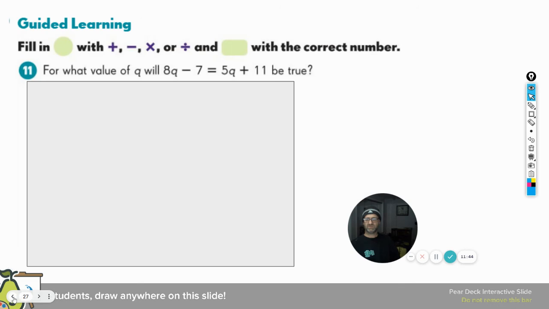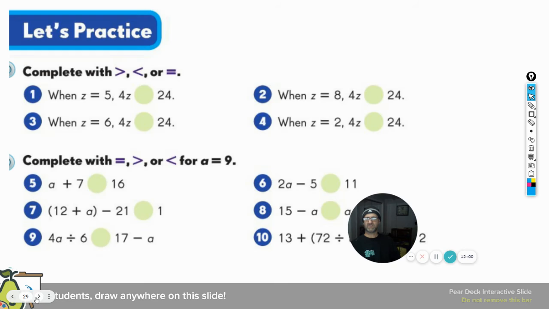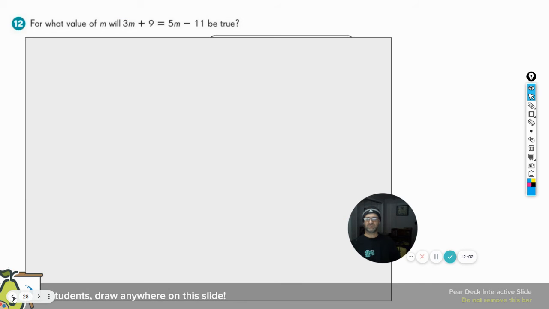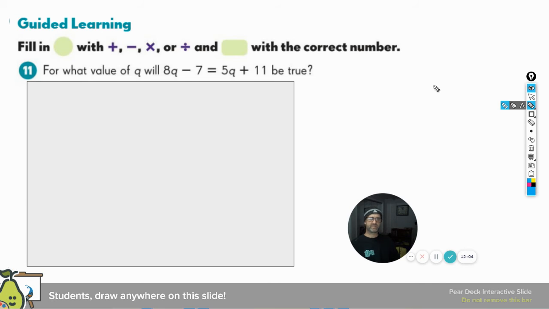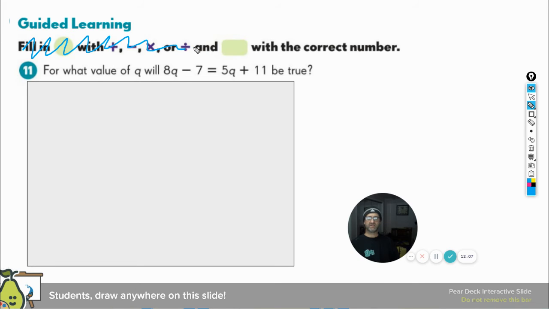No. For what value of q will 8q minus 7 equal 5q plus, oh, are they just filling out the chart partially? Oh, let's see. Stop doing that. Let's just solve it. Okay. Ignore that junk. You might have something like that in your workbook, but here's what you need to do.